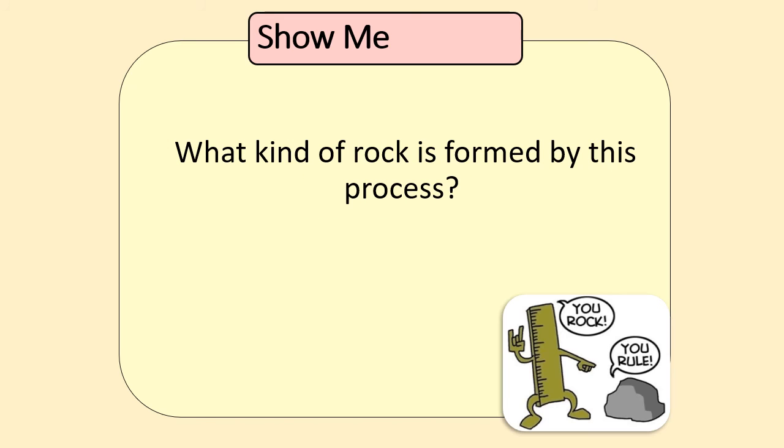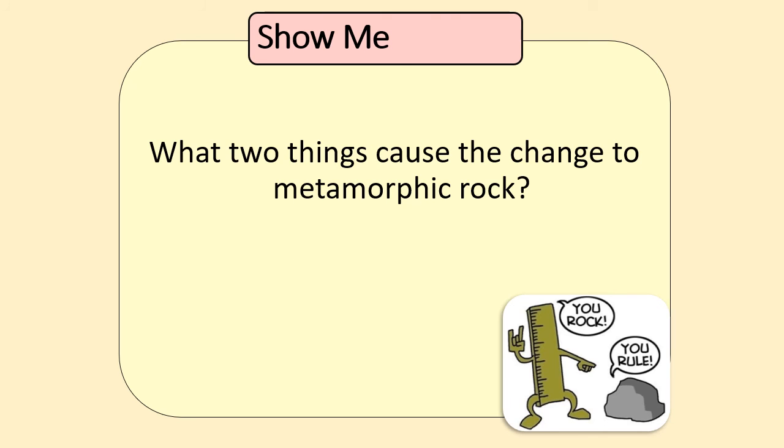And what kind of rock is formed when sedimentary rocks get heated up? That is metamorphic rocks. And what are the two things that can cause any type of rock to change into a metamorphic rock? The two things are heat and pressure.